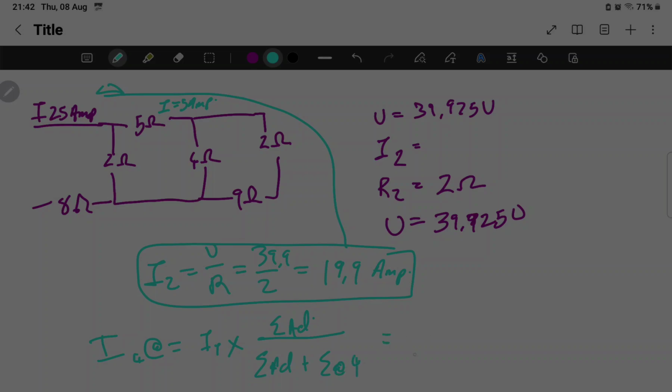So the total current coming in there is going to be 5 amps, right?